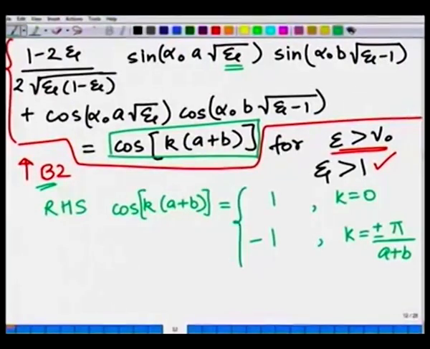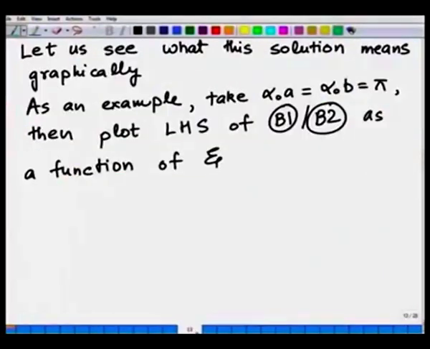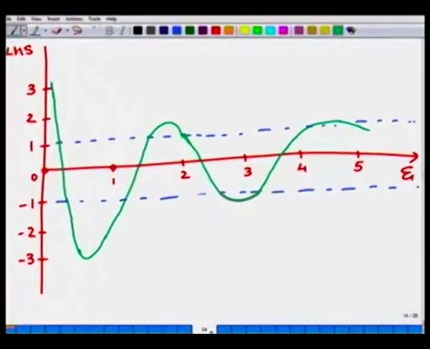So, this bound which I am showing you is for k equal to 0, where this value is +1, and for k equal to plus minus pi divided by (a plus b), that periodicity, is where the value of the right hand side will become -1.